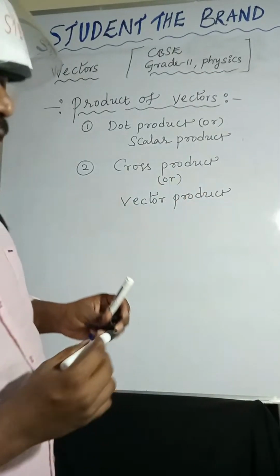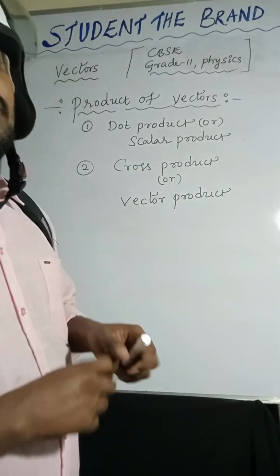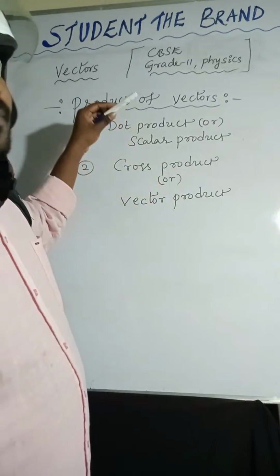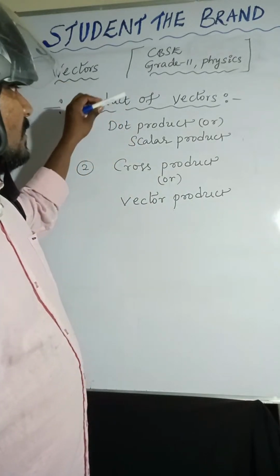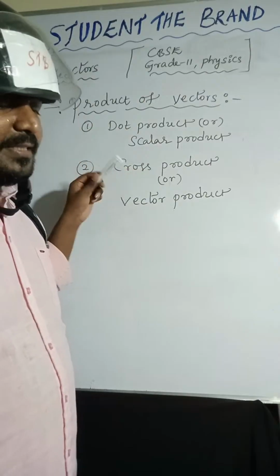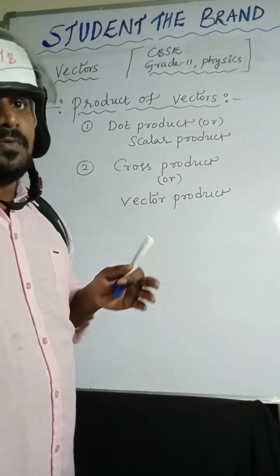The dot product is also known as scalar product. Cross product is also known as vector product.